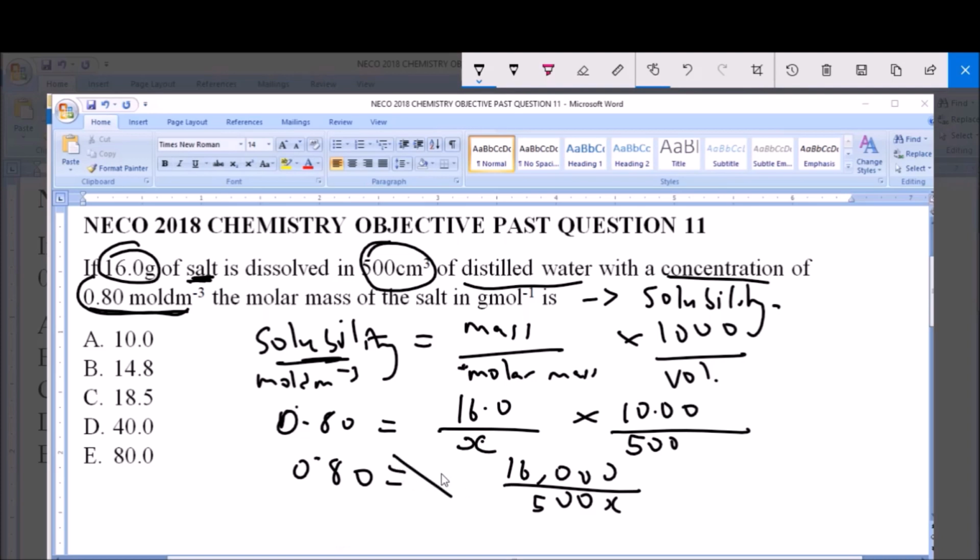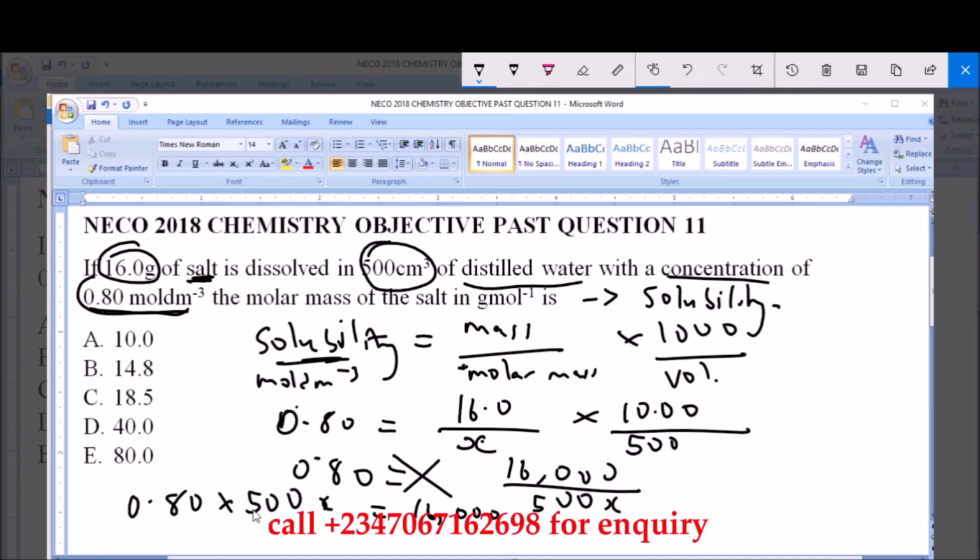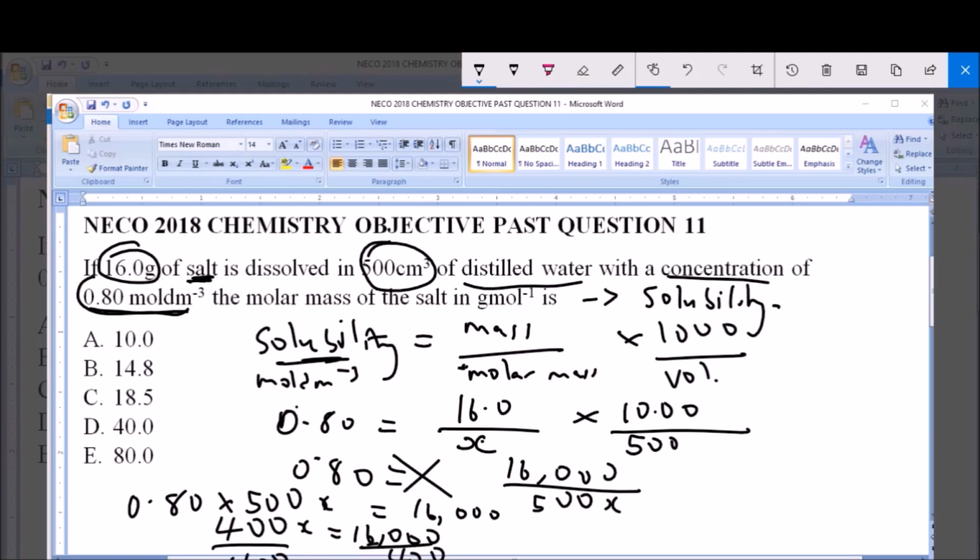So what we do now is to cross multiply, and when we do that, we'll have 0.80 times 500 x is equal to 16,000. Now 0.80 times 500 x is equal to 400 x equal to 16,000. Now divide both sides by 400. 400 x divided by 400, 16,000 divided by 400, and x equals 40.0.